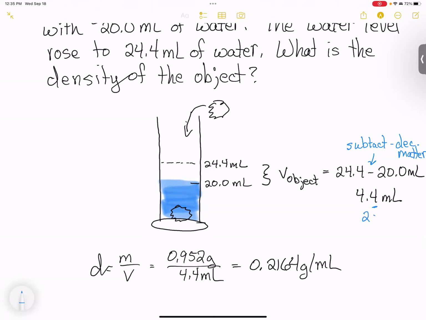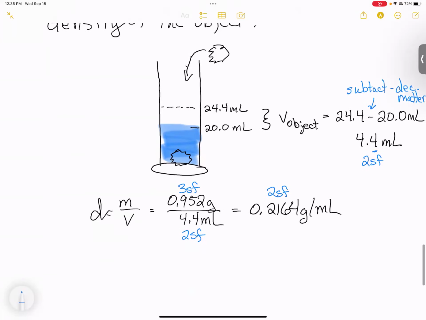So the volume has two significant digits. The mass had three significant digits. Since the measurement with the fewest had two significant digits, our answer can only have two significant digits.